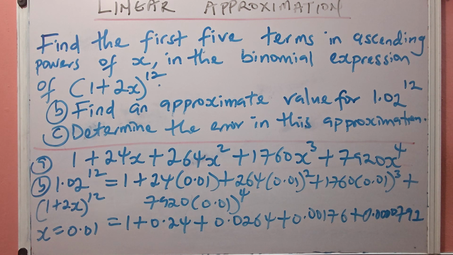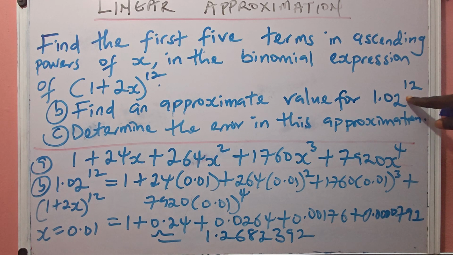So the approximate value for this will obviously be, if you calculate all this, 1.268238 or so. This is the approximate value for 1.02 raised to the power of 12. All right, so we've been able to solve question number B.